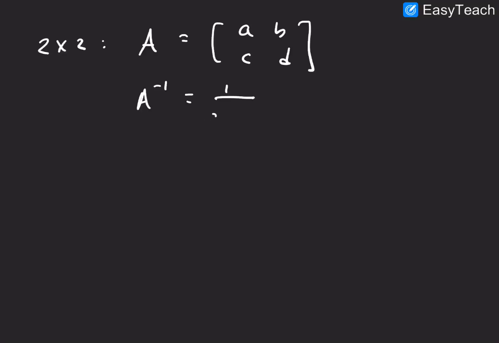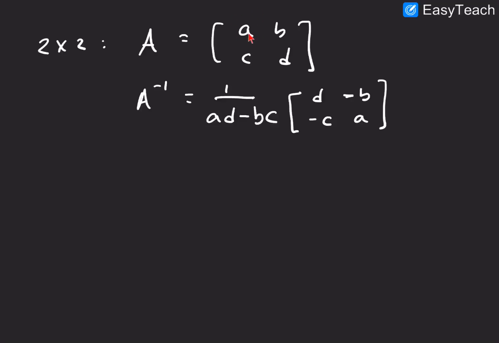All right, so let's look at this 2 by 2 matrix. We'll just call that A. If we take this 2 by 2 matrix, we can find the inverse of A simply by using this formula: 1 over (ad minus bc) times the matrix d, negative b, negative c, a. So what does that mean?